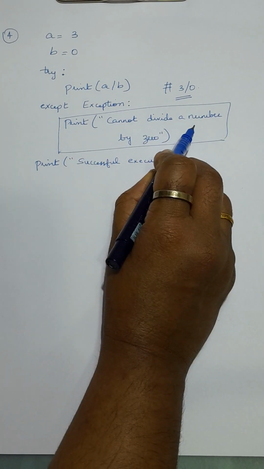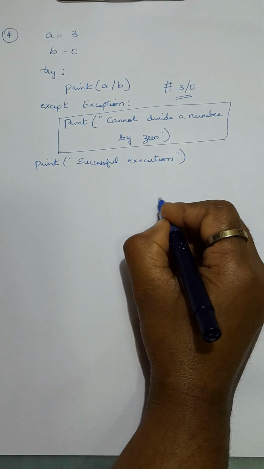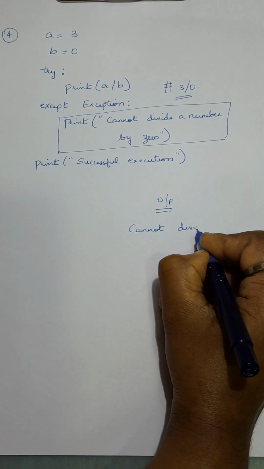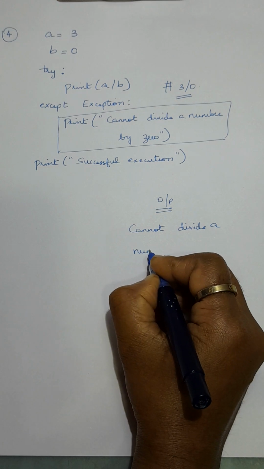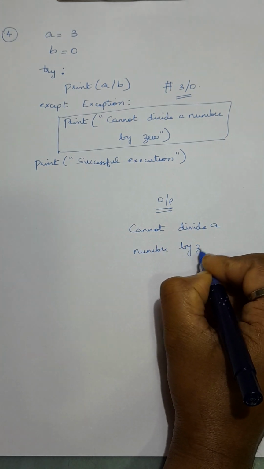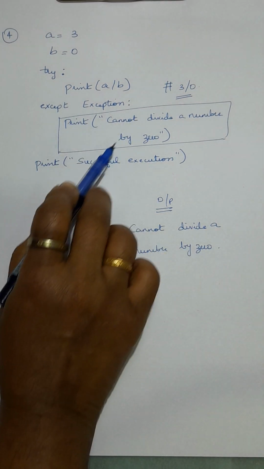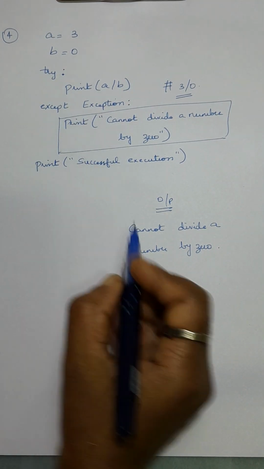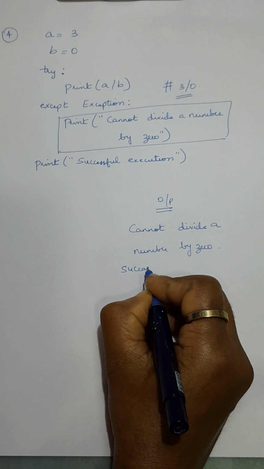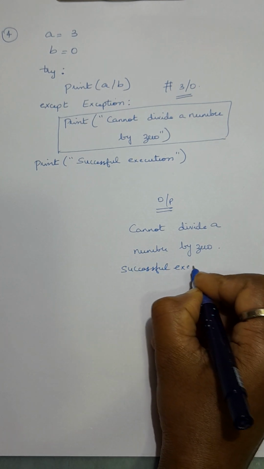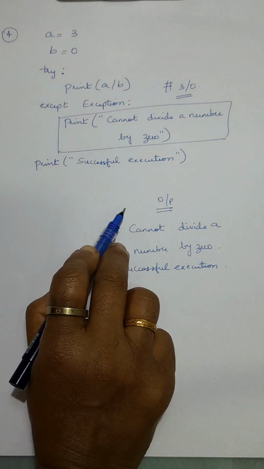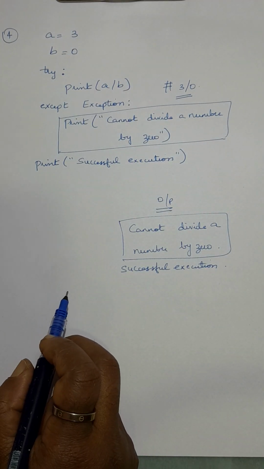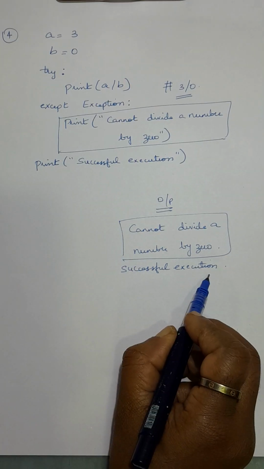Since the last print line is after the except, this line will also be executed, which means I get successful execution. It has found the error, displayed what type of error it is, and finally displays successful execution.